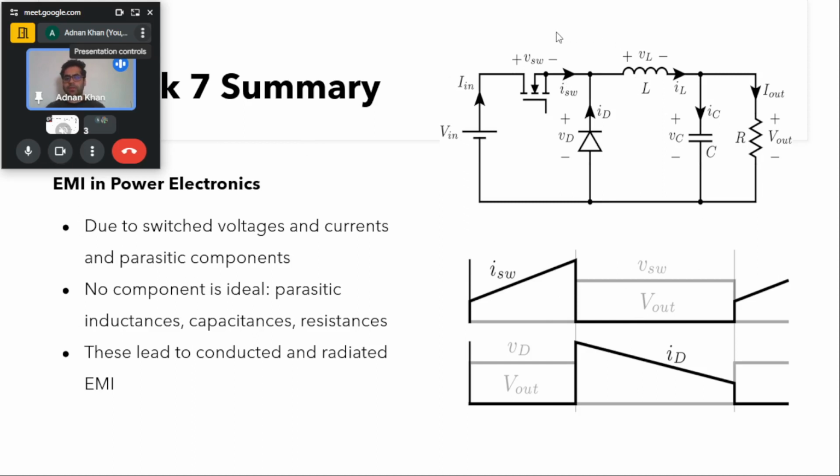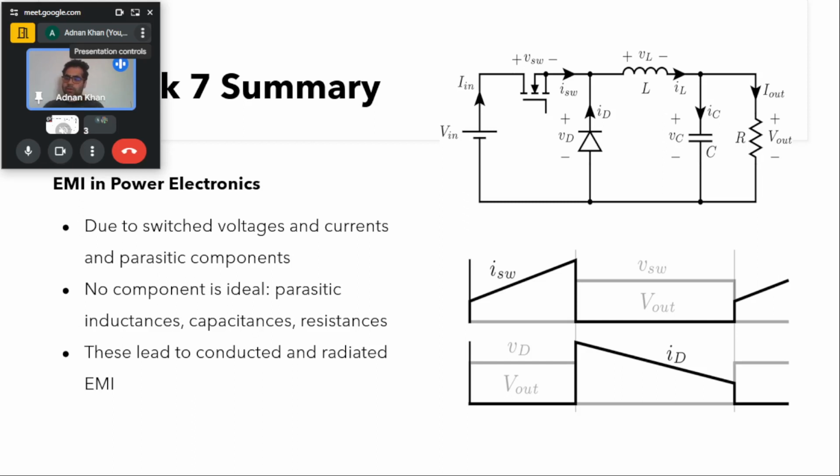Usually the EMI in this particular part of the converter is generated due to the switched voltages and currents, and some parasitic components associated with these components, because, like we had discussed in the previous sessions as well, no component is ideal. There are always some parasitics associated with the components.